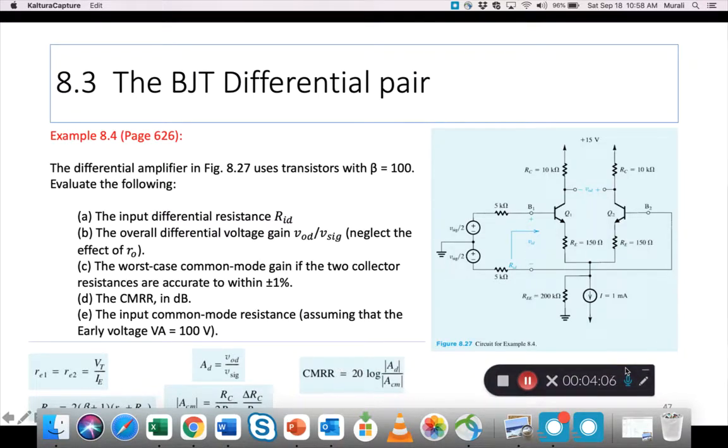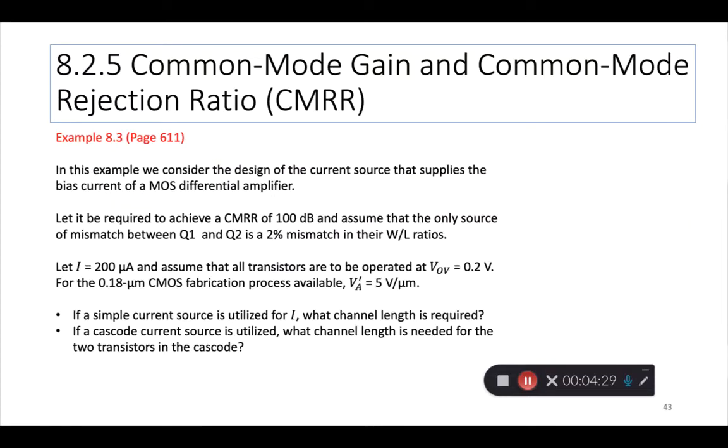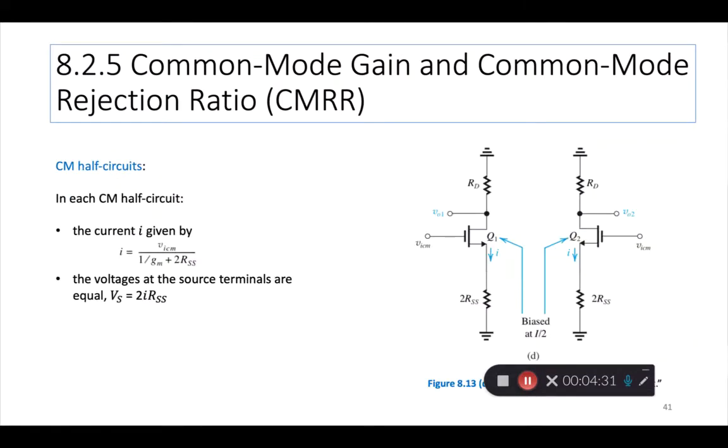If not, I'll expect you to just go through it. It's a pretty simple exercise. It uses a lot of the formulas that you see below to find CMRR, common mode rejection ratio, for this circuit.